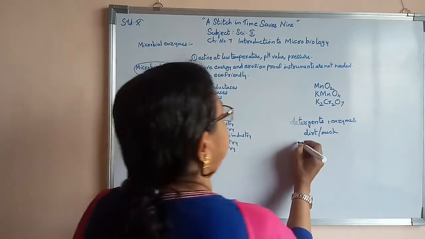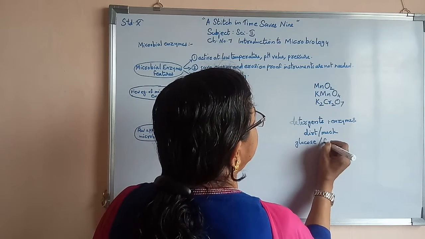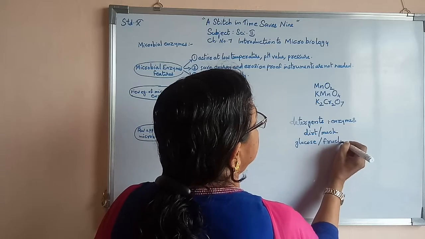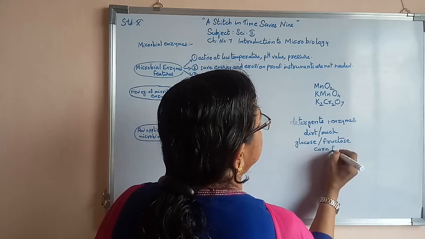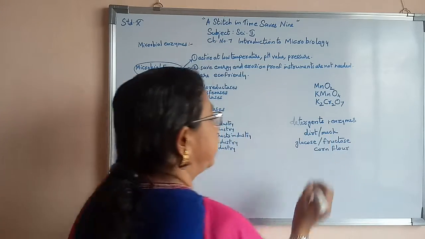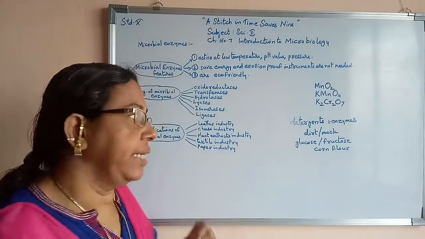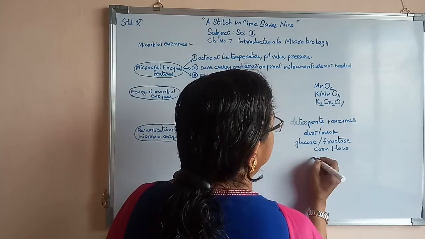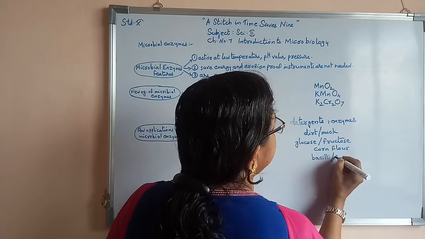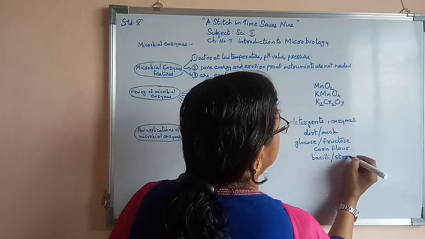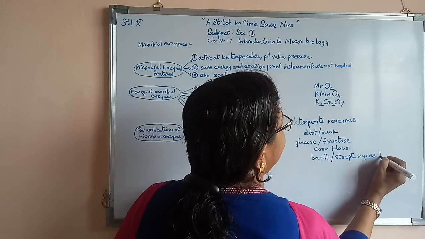The second thing is that glucose as well as fructose, which are produced from corn flour, is produced with the help of enzymes produced by Bacilli as well as Streptomyces bacteria.